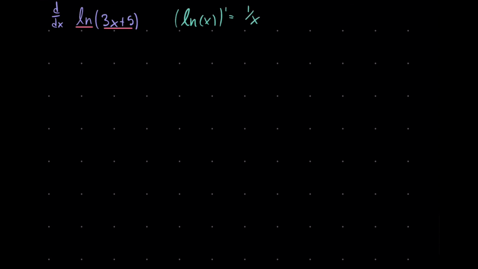So first we take the derivative of the outer function, in this case ln, so we'll get 1 over the inside, 3x plus 5. And we multiply this by the derivative of the inside function, 3x plus 5, in this case just 3. And so this simplifies to 3 over 3x plus 5.